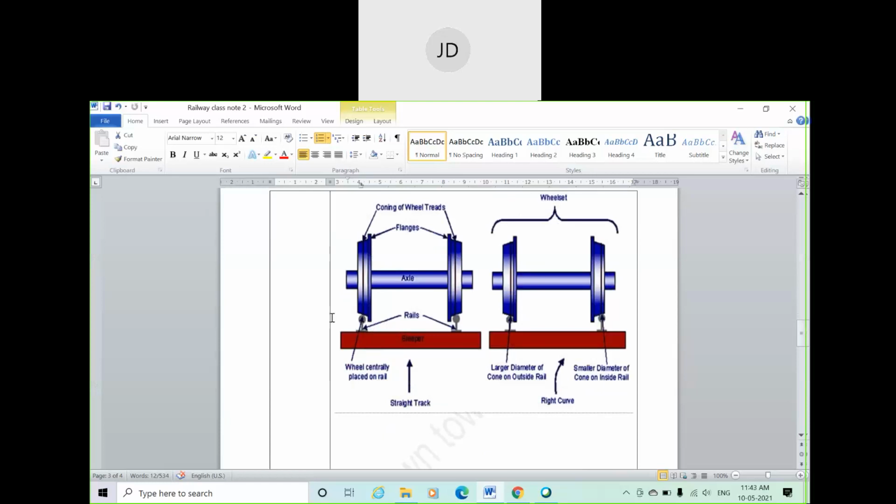That means there is a degree of freedom of movement in the lateral direction. It will not become a rigid part. This way it also reduces the wear and tear of the flanks and reduces friction between the rail and the flank. So there is always a gap between the flank and the point of contact with the rail face.